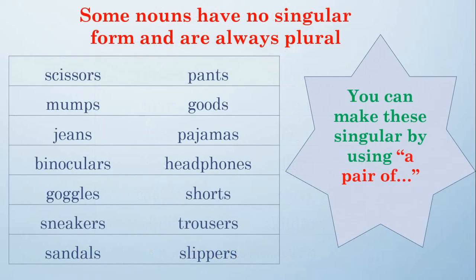Some nouns have no singular form and are always plural. You can make these singular by using a pair of. Let's look at some words.